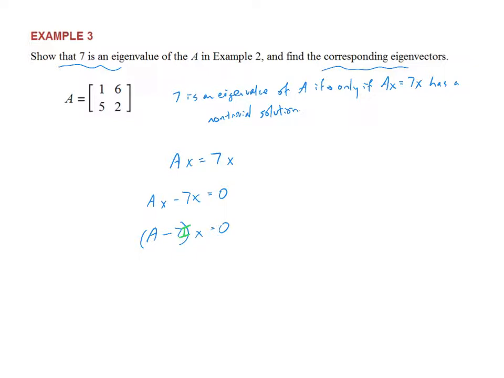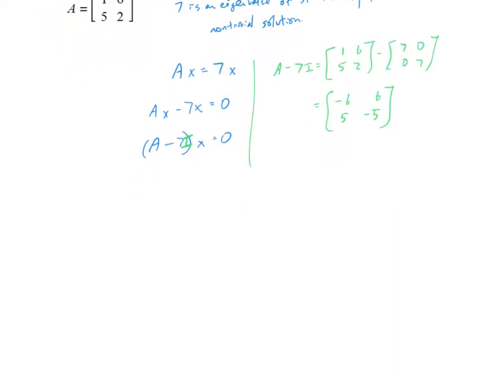So our next step is to find what A minus 7I is, and I'll write it out for this example. That's [1 6; 5 2] minus 7 times the identity, which puts a 7 on the diagonal and zeros everywhere else. So that, when you do the subtraction, is negative 6, positive 6, and 5, negative 5, which looks kind of cool. All right. And that is what we have to solve and see if we get a non-trivial solution.